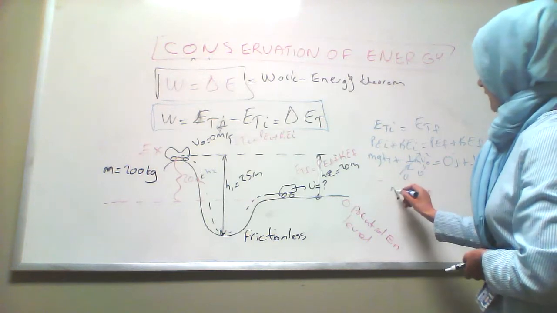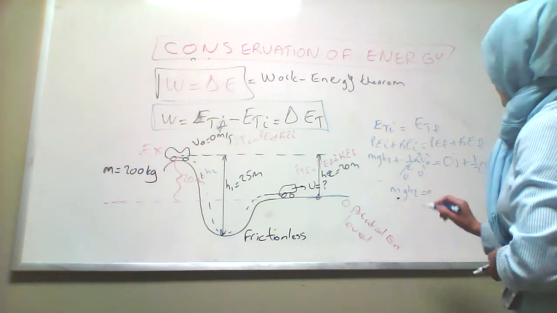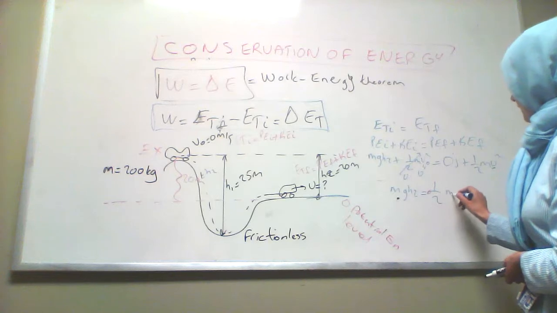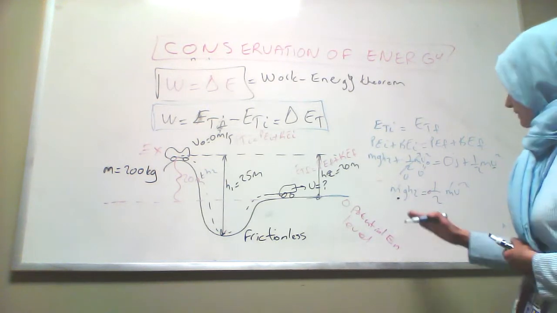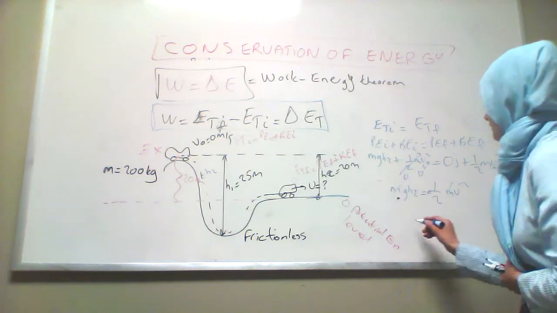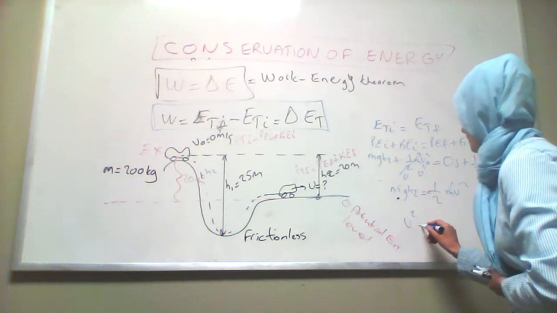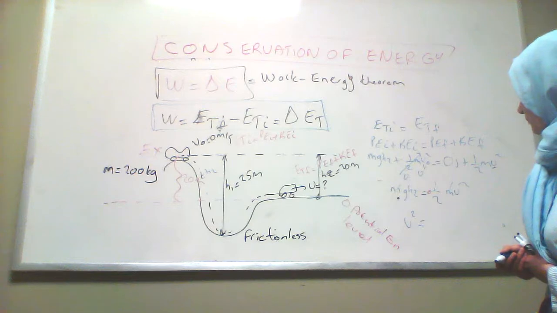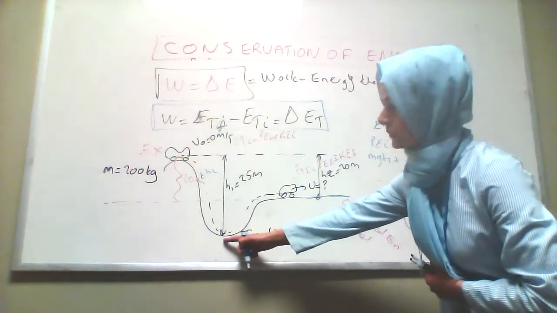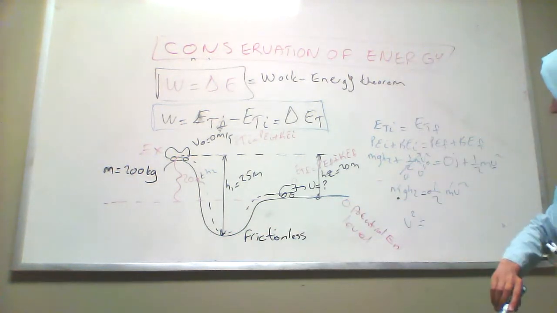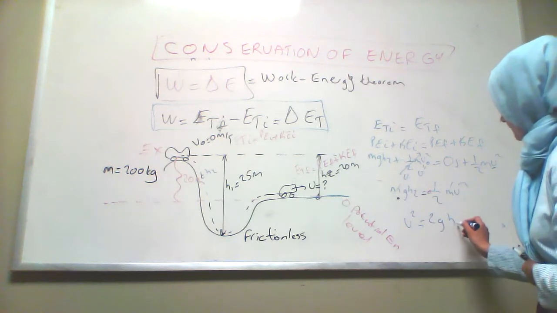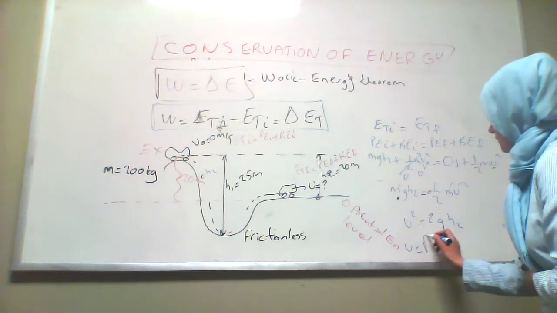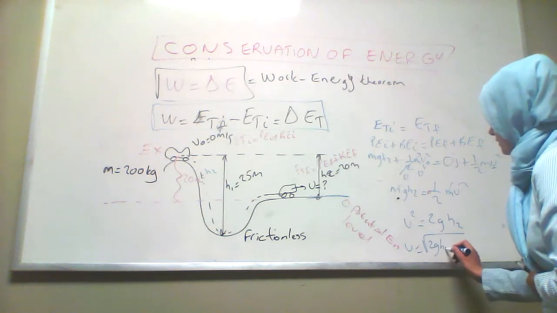So we are left with mgh2 equal to 1/2 m v squared. I can divide each side by mass, so I don't even need mass in here. Again, I remind you, this is not always the case. If we were to lose some energy to friction, then it would change. 2gh2 is equal to v squared, and v is equal to the square root of 2gh2.